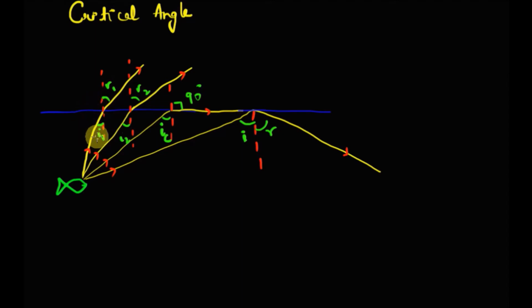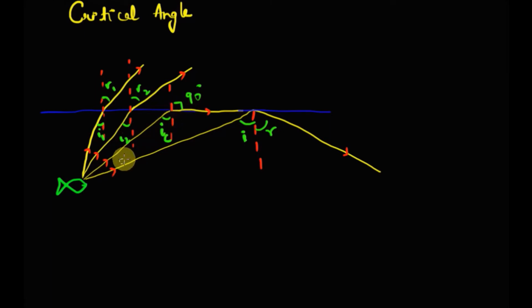Let's say for a particular ray as shown here, the angle of incidence is I1, and the corresponding angle of refraction is R1. If we increase the angle of incidence from I1 to I2, the corresponding angle of refraction will also increase to R2, where R2 is greater than R1. This will go on till we achieve an angle of refraction of 90 degrees. The corresponding angle of incidence for which the angle of refraction is 90 degrees is called the critical angle.